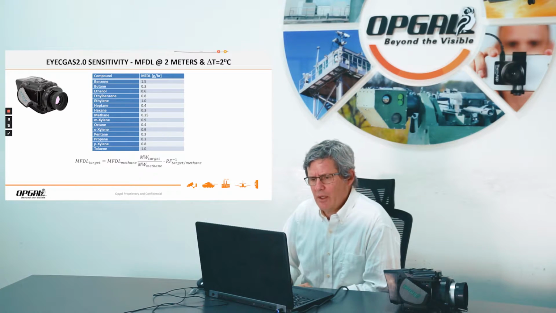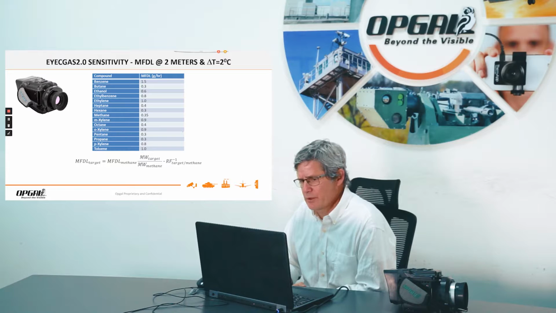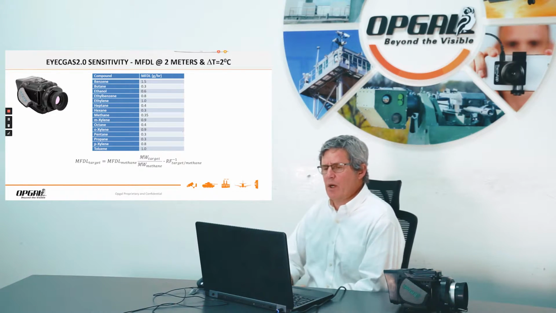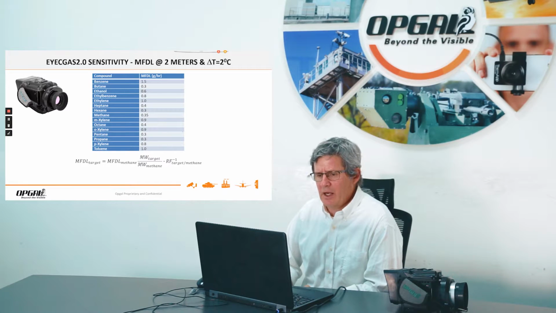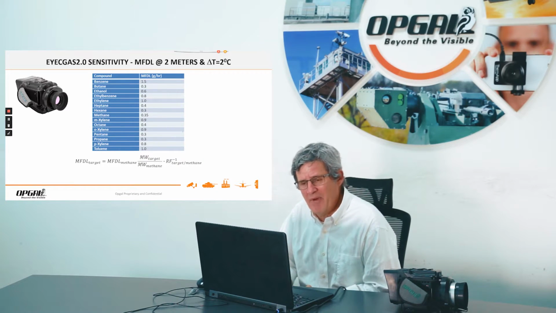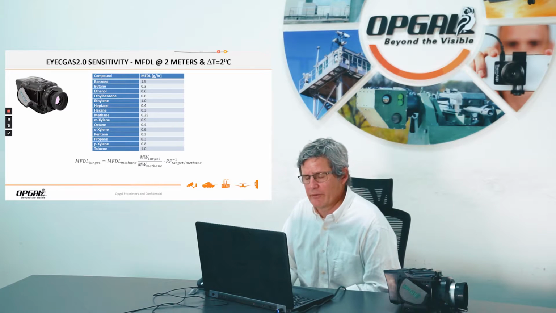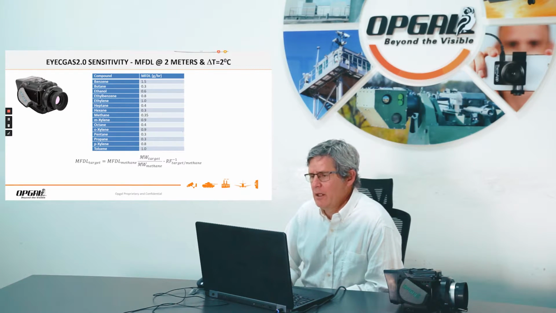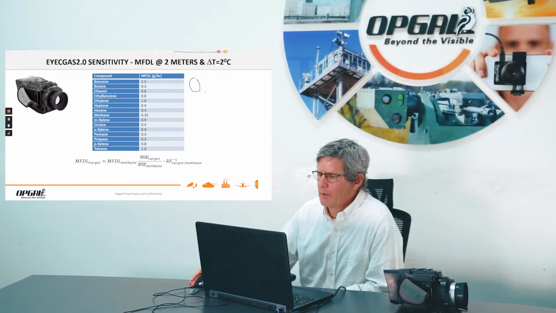In many third-party studies that we have performed, with people whose services we acquired to do our third-party tests, we have established that the IC-Gas2 mid-wave IR cooled camera can see methane at 2 meters distance from the leak, with a temperature difference between the background and the gas of 2 degrees centigrade, at 0.35 grams per hour of methane.